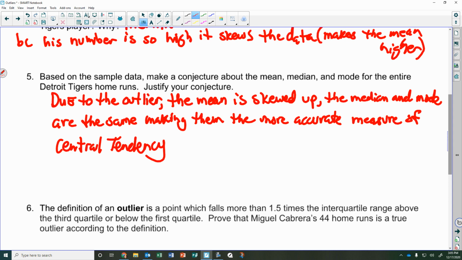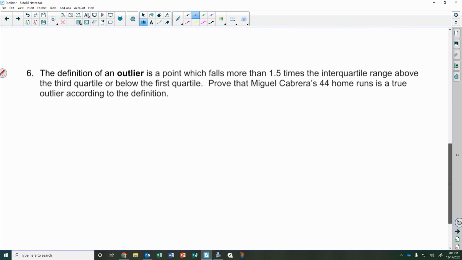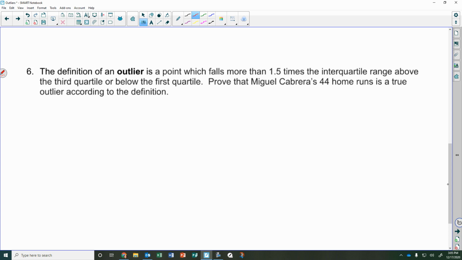Now down below, it says the definition of an outlier is a point which falls more than 1.5 times the interquartile range above the third quartile or below the first quartile. So prove that Miguel Cabrera's home runs is a true outlier according to the definition.